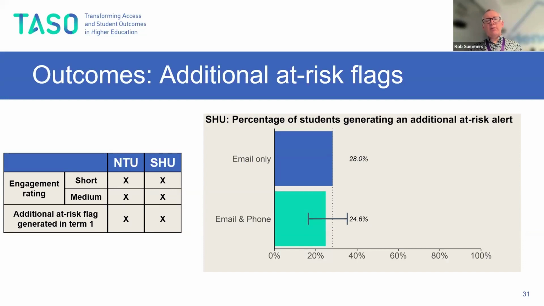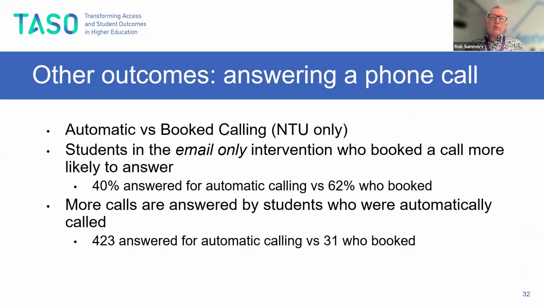So for all our main outcomes, we're finding no effect of whether students received an email or a phone call. We also, because students at Nottingham Trent who received an email intervention could also book a call, looked at what happens to those students who do book a call.